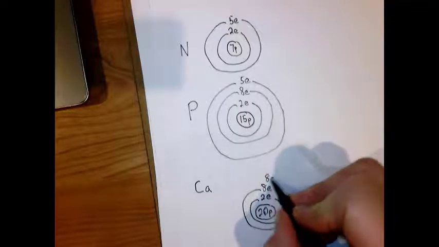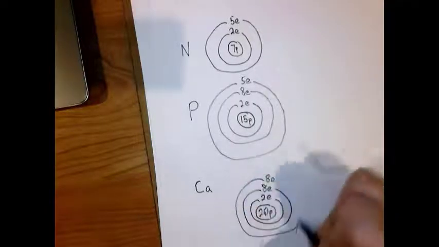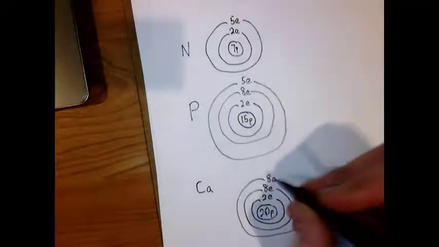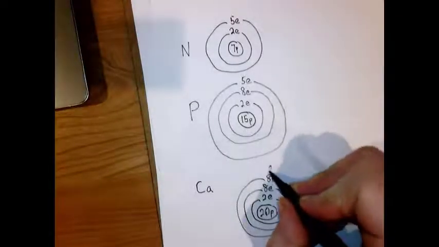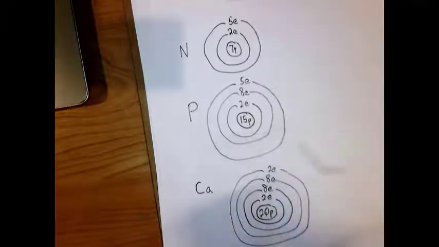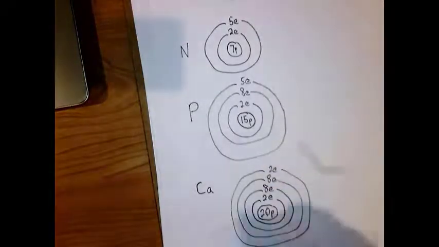We're going to put in another 8. That puts us at 18, 10 plus 8. And then we can go into the fourth shell, believe it or not, and add another 2. And at a certain point, that fourth shell will hold 8 max, and then that also changes.